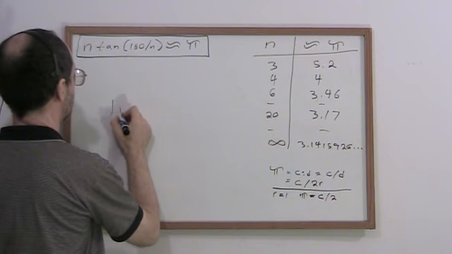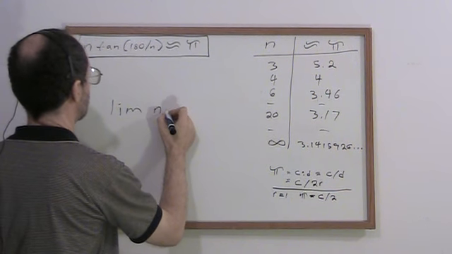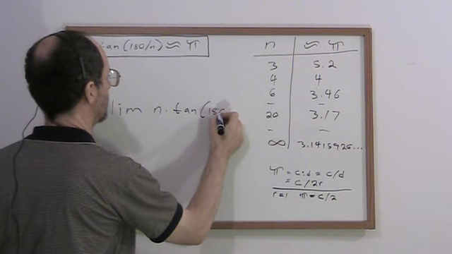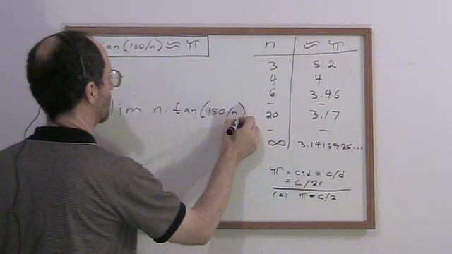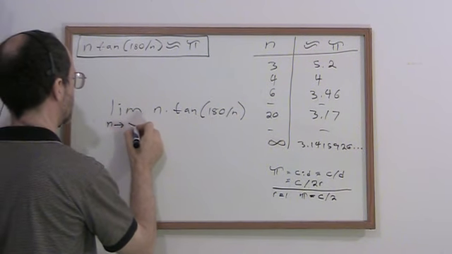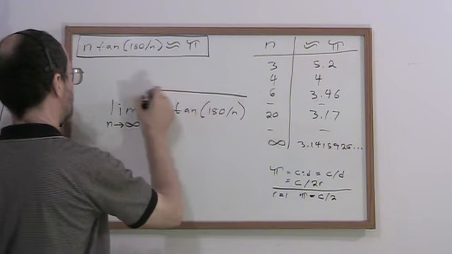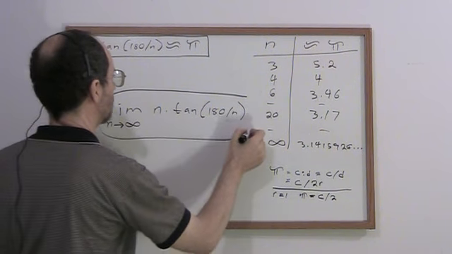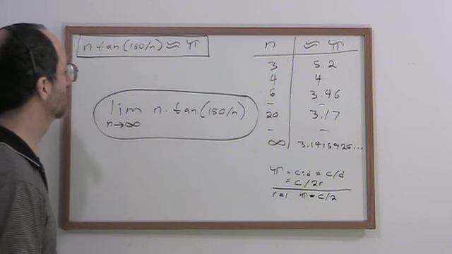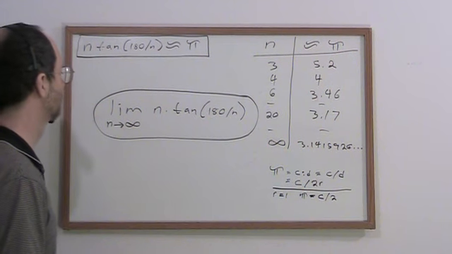We take the limit of n times tangent 180 over n as n approaches infinity. And this would be a mathematically rigorous formula for the precise value of pi.